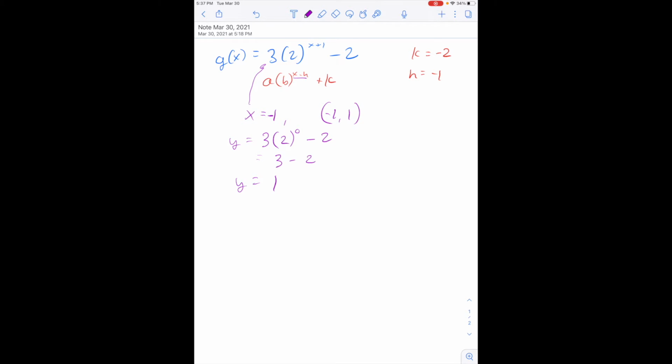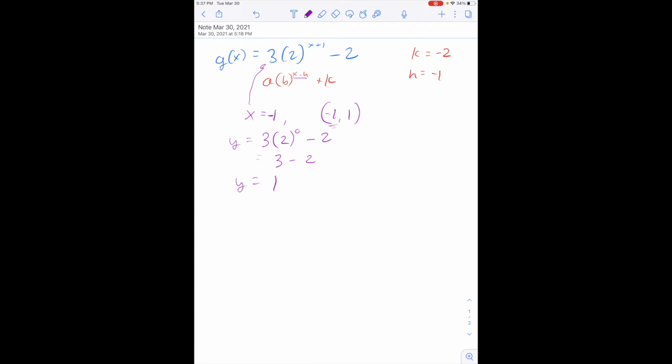Your second reference point, because this function is an exponential growth function, and I know that because that number right there is greater than 1, is always 1 unit to the right of our first reference point.